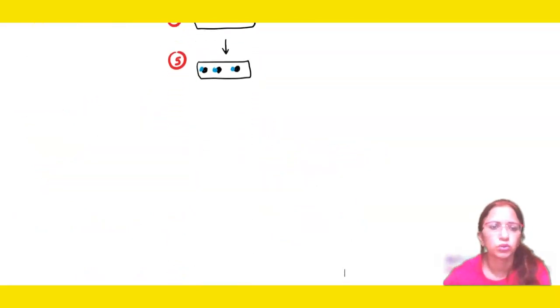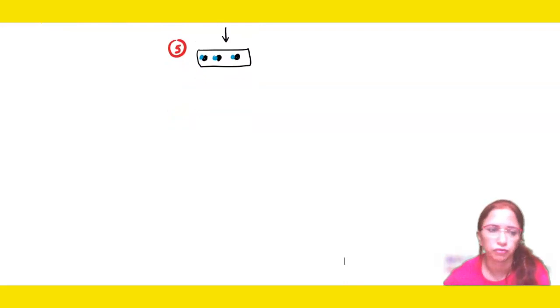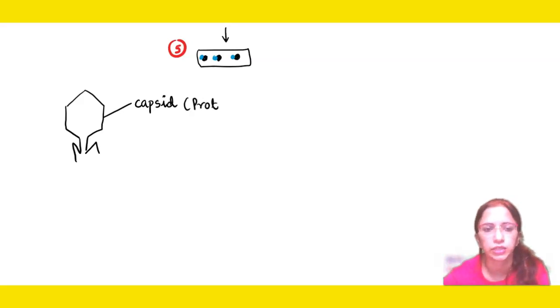Now we need to know the structure of the bacteriophage. Bacteriophages contain an outer layer, and this outer layer is known as the capsid, right? This outer part is known as the capsid, and it is proteinous in nature. When I say proteinous in nature, it means it is made up of proteins, and you know that proteins are polymers and amino acids are the monomers, right?